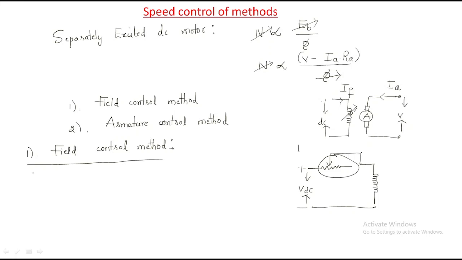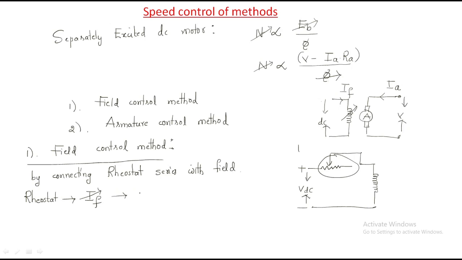So by connecting a rheostat, which provides resistance in series with the field, by varying the rheostat, the field current is varied.